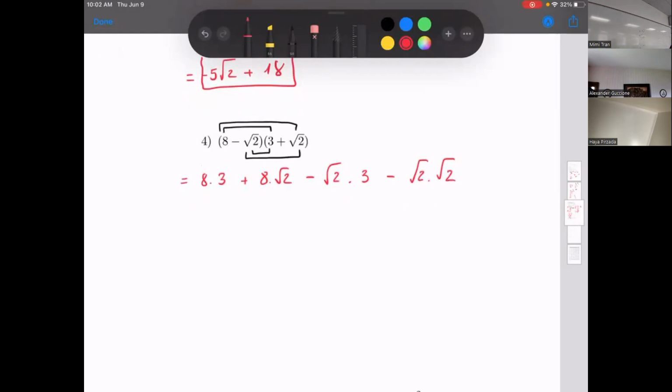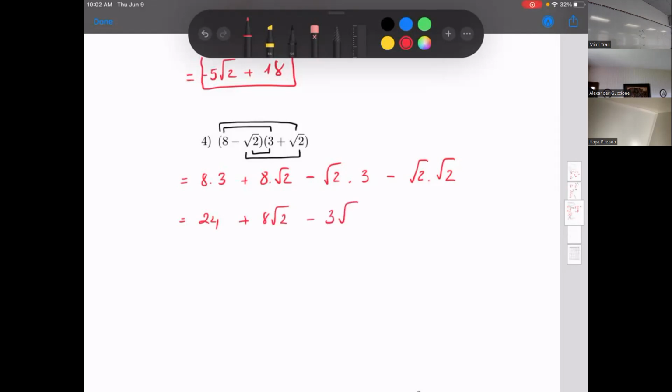8 times 3 is 24. 8 times root 2 is... can I multiply the 8 into the 2 or no? No, I recommend you not. It is possible, but you have to turn the 8 into 4, right? So leave it like that. And then root 2 times 3 is... I'm gonna move the 3 to the front.